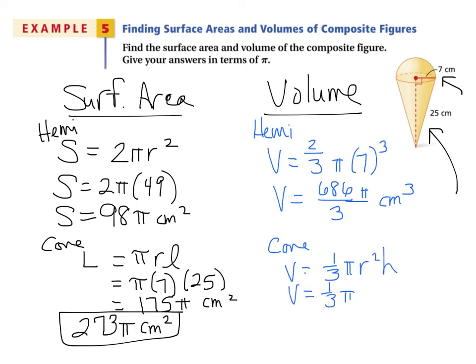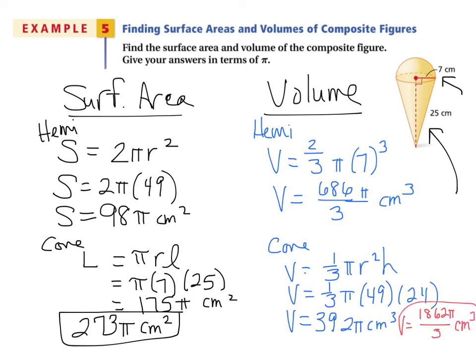So 1/3 pi 49 times the height. Well, wait a minute. What do I have to do for my height? I'd have to use the Pythagorean theorem. That would give me 24 as the height. So the volume of the cone would be 392 pi cubic centimeters. If I add both of those together, you would get a final volume of 1,862 pi divided by 3 cubic centimeters.